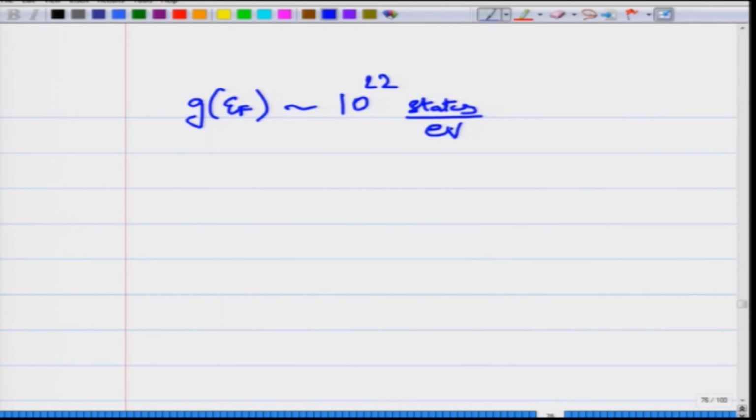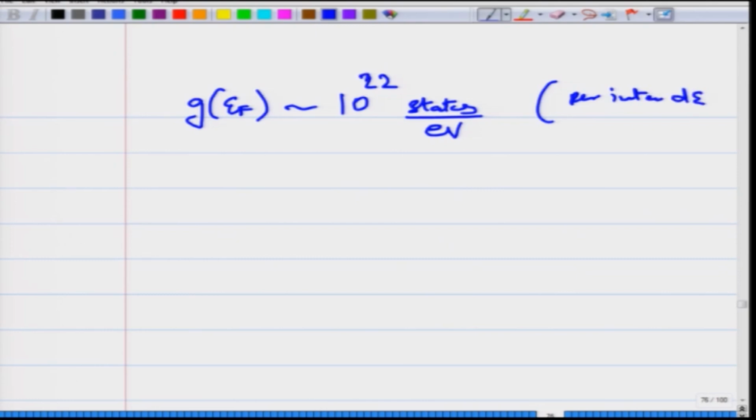That means such a large number of states are present per interval dE at E_f. This is the number of states, 10 raised to 22 states per electron volt.